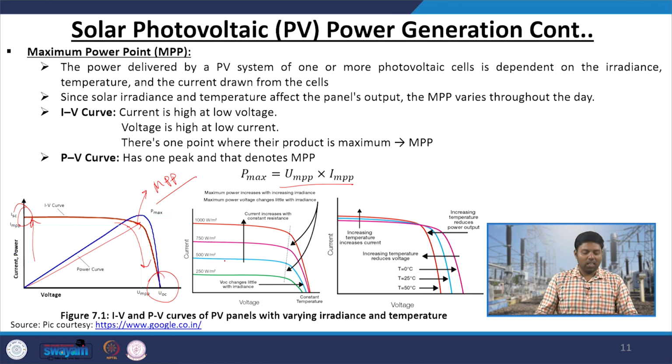Depending upon the solar irradiance, if your irradiance is increasing, that means you are freeing more and more electrons, then obviously your current will become higher. And if you increase the temperature of the cell, then the potential difference or voltage difference in the PV panel will increase. These are specific features of your PV panel.